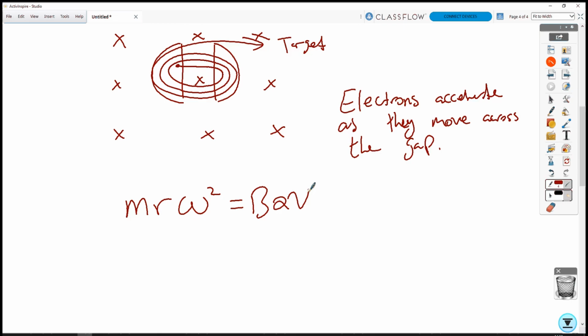Now the frequency has to be related to omega, because as these electrons are moving around in a circle or in a spiral, the frequency at which you flip the Ds has to match the angular frequency of these electrons.